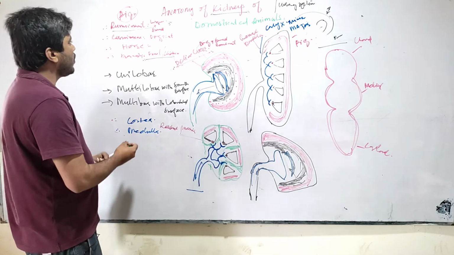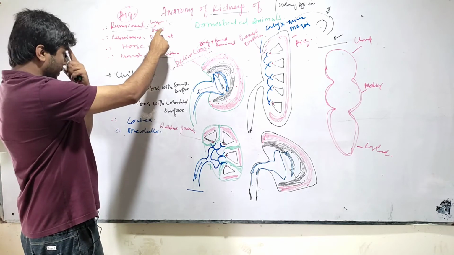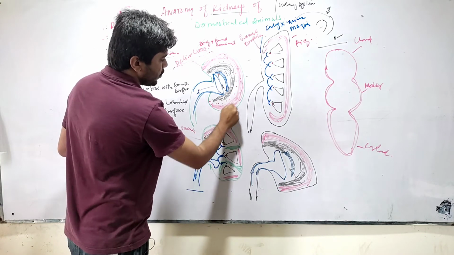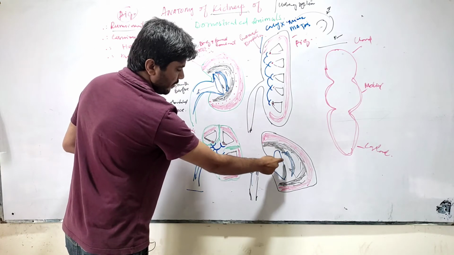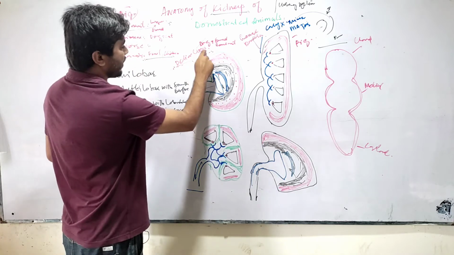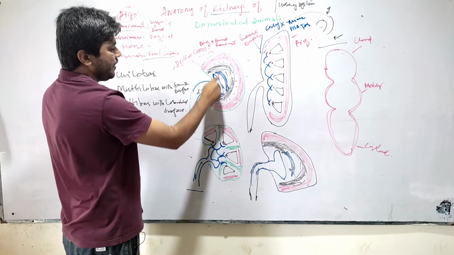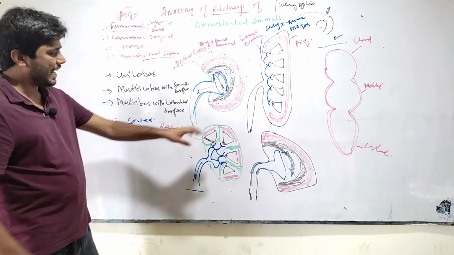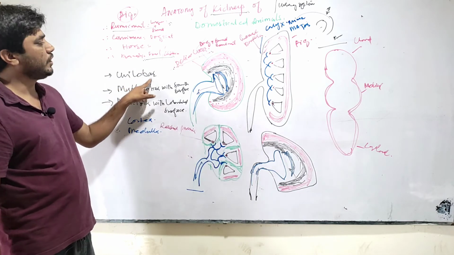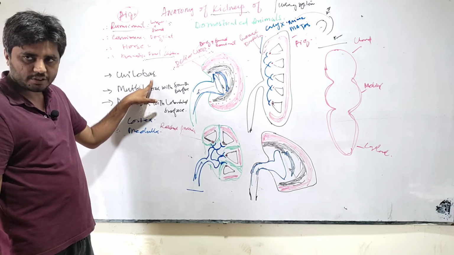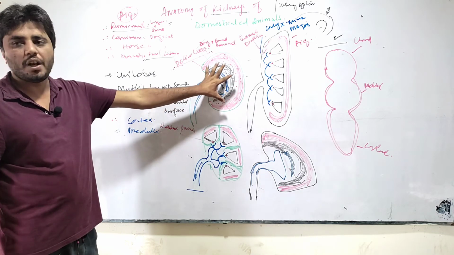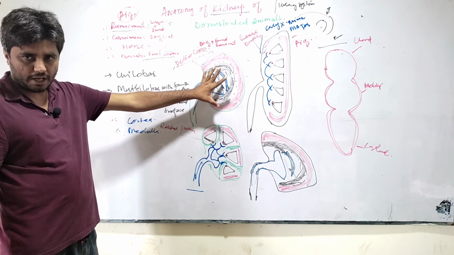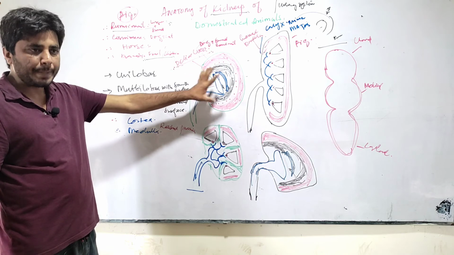If you are talking about small animals, dog and cat, we have what? A fused cortex and fused medulla with a renal crest or pelvic crest and pelvic cavity. Such a kidney is known as unilobar. It has a single lobe, a fused cortex, fused medulla and single fused papilla.